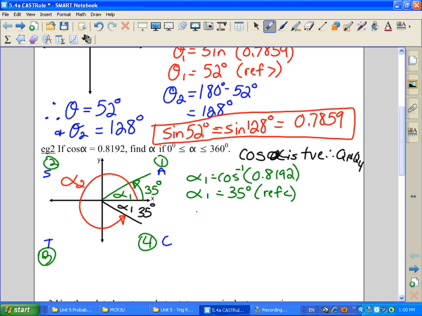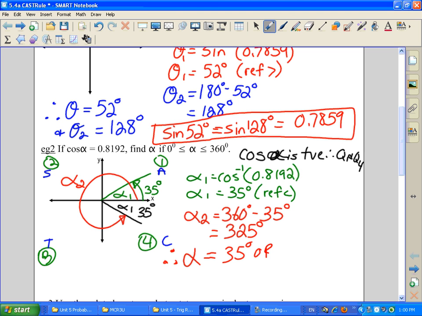So alpha 2 equals 360 degrees subtract the 35 degrees, or your reference angle, and that's going to be 325 degrees. So therefore, alpha, for fitting the situation between 0 and 360, equals 35 degrees, or it can equal 325 degrees.